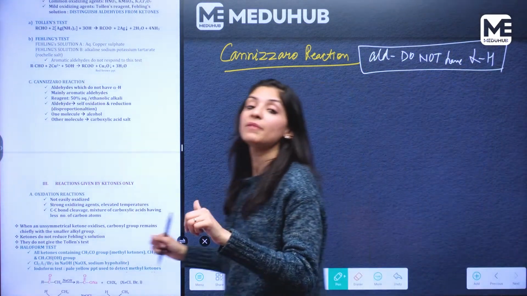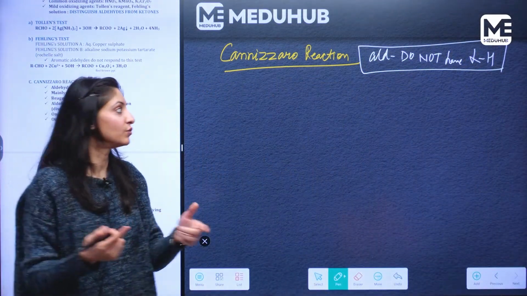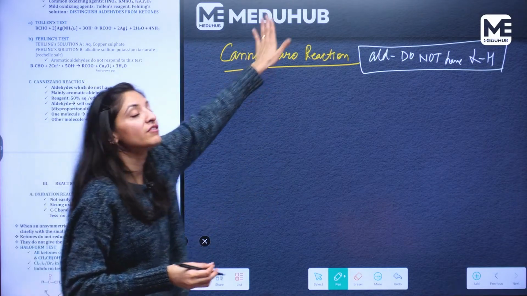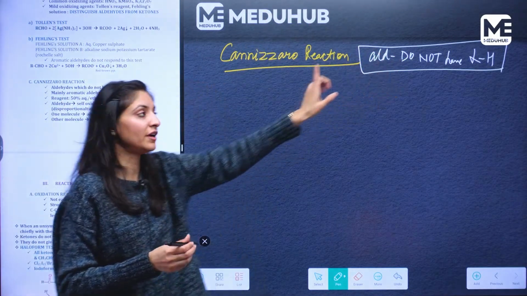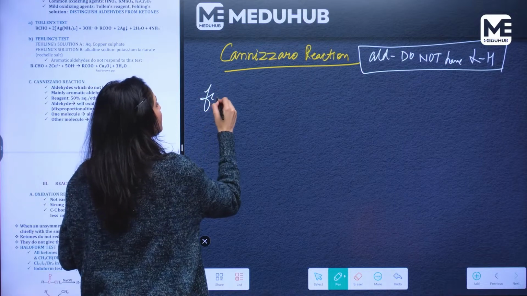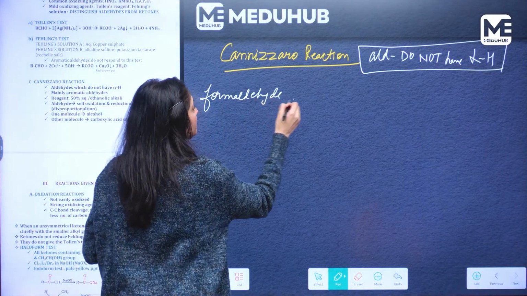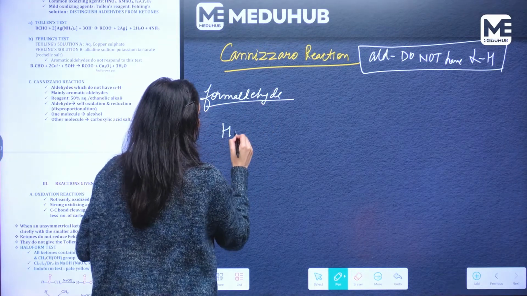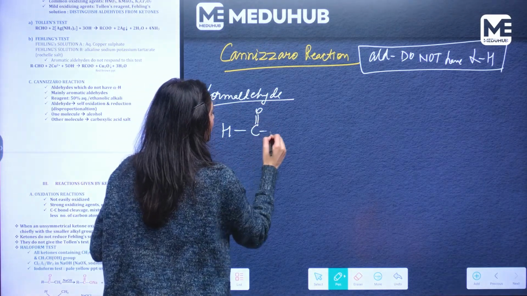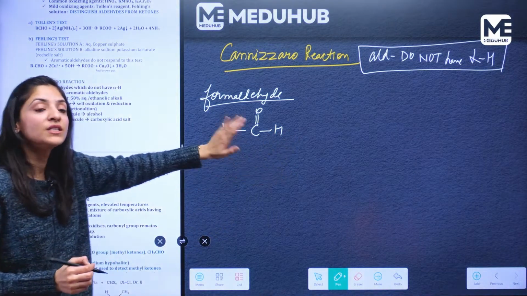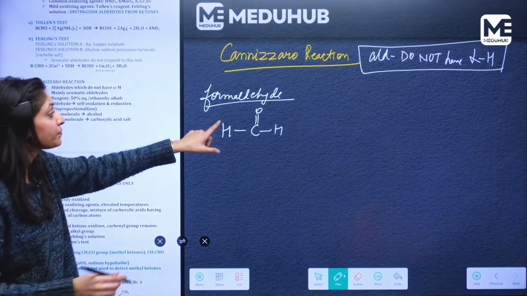Aldol condensation is given by aldehydes which have an alpha hydrogen. Cannizzaro's reaction is given by aldehydes which do not have an alpha hydrogen. So, if we have formaldehyde, this will undergo the Cannizzaro reaction.